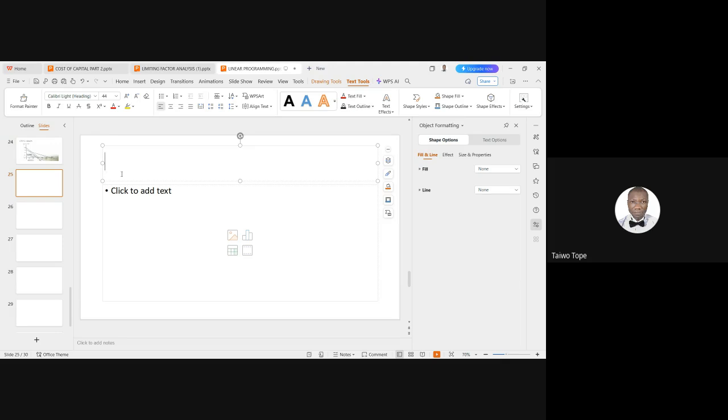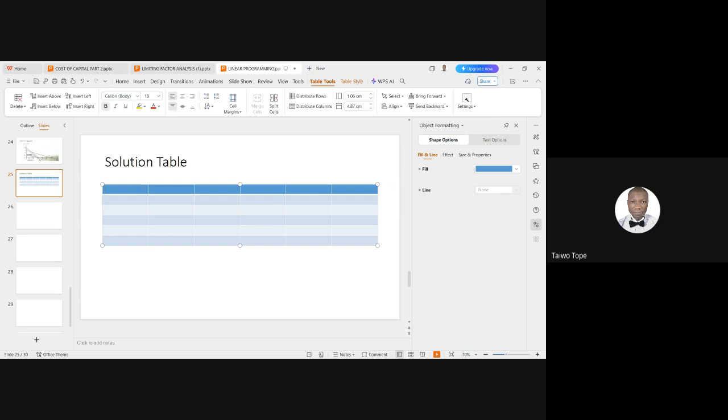So we refer back to our contribution. The solution table will be in this form.